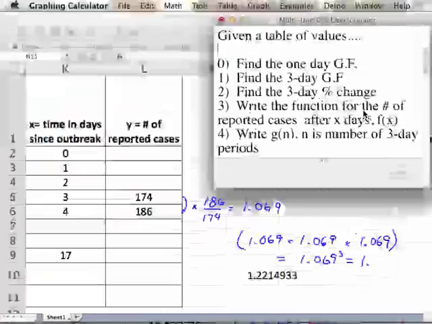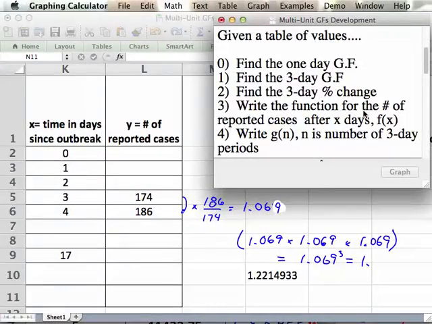What was the next question we had? The 3-day percent change. Yeah, so we know the 1 is what we keep, and with growth, it's pretty easy to see on some of these what the percent change would be. So that would be 22.15%.